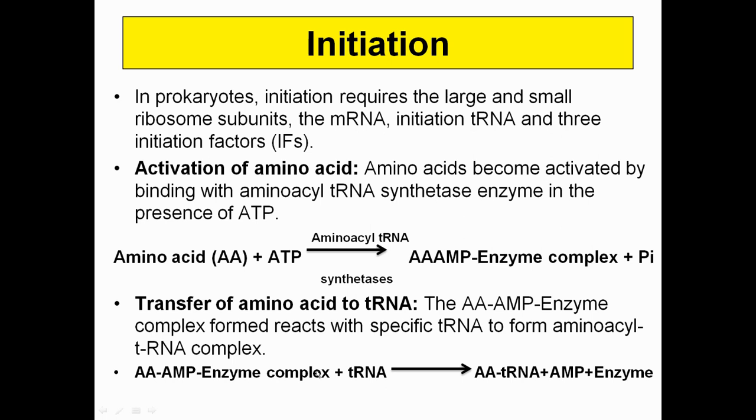It ultimately is going to bind with a particular tRNA molecule, and the AMP is going to be released along with the enzyme. So the final attachment of the activated amino acid happens with the tRNA. That is the sole motto of the whole process.